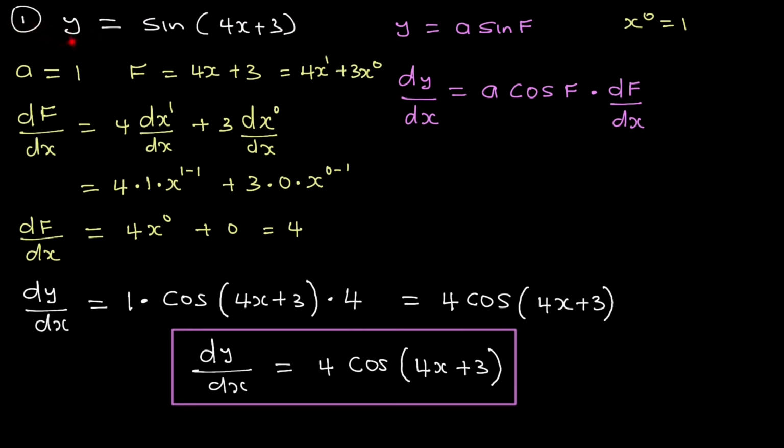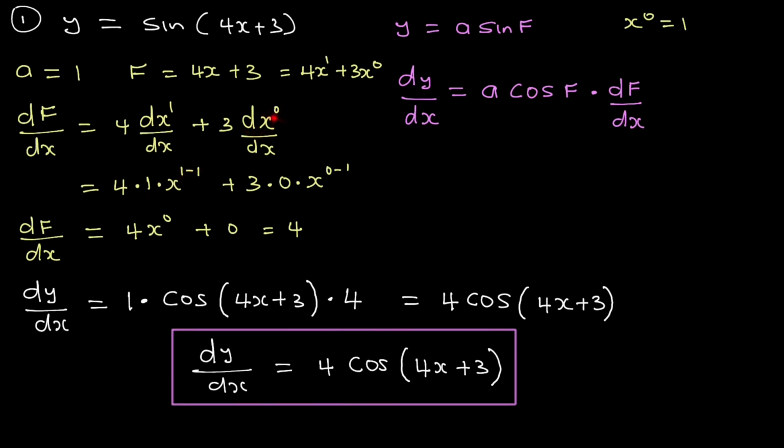For question 1, y equals sine of 4x plus 3, where a is 1, f is 4x plus 3, which basically means 4x to the power 1 plus 3x to the power 0, because x to the power 0 is 1. So I did df/dx first by differentiating that one, and that is 4 times 1, so you bring the 1 down, times x to the power 1 minus 1, that's n minus 1.